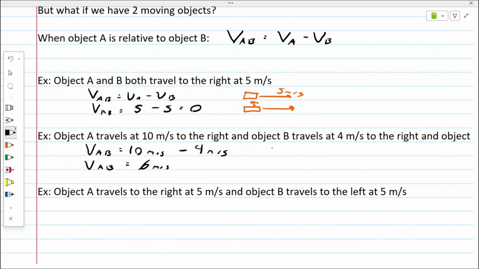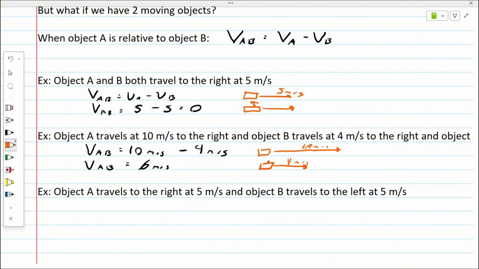So if we draw this situation out, we have a car going 10 meters per second, and then another car that's also moving in the same direction but only 4 meters per second. From this car's perspective, you will be going at 6 meters per second.